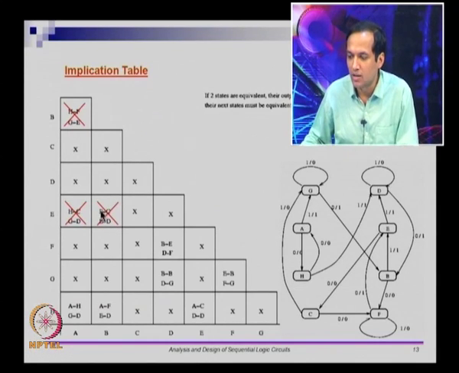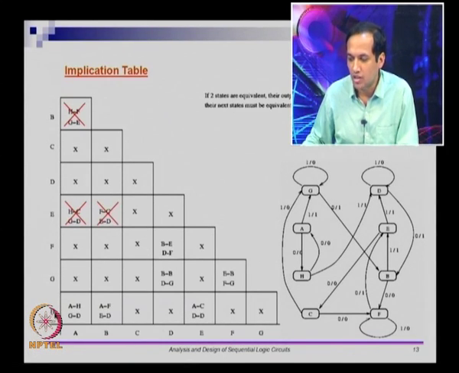The next column I look at, I am trying to see whether E and B could be equivalent. For E to be equivalent to B, F should be equivalent to C. So, let me look at F comma C. F comma C is a cross. So, that is not true.